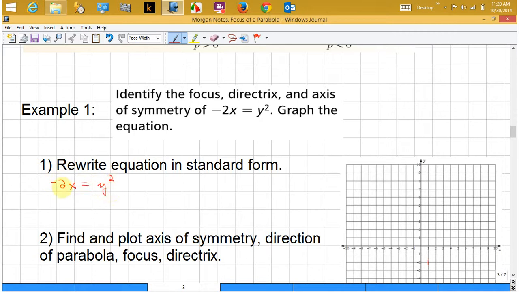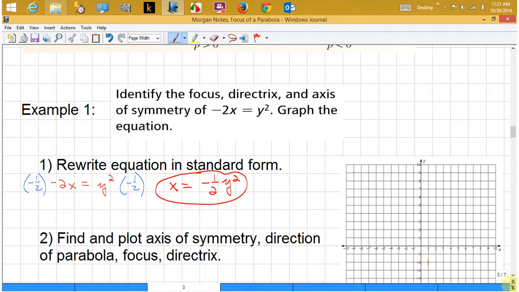We need to get it to be x equals, so I'm going to take this side and multiply it by the reciprocal of negative 2, that would be negative 1/2, and take this side and multiply it by negative 1/2. That's going to give me the equation x is equal to negative 1/2 y squared. There's the equation of my parabola, written in its standard form.